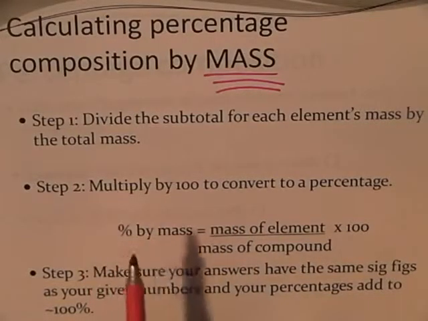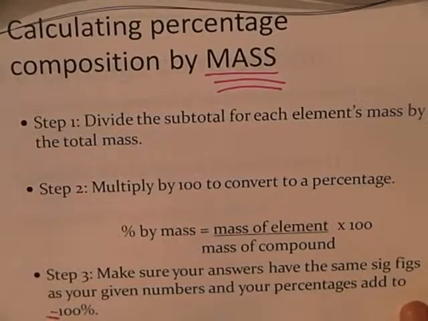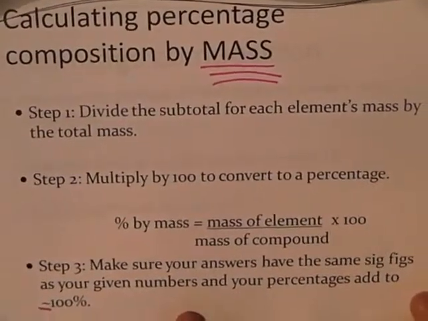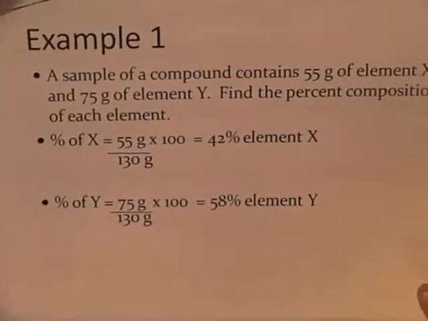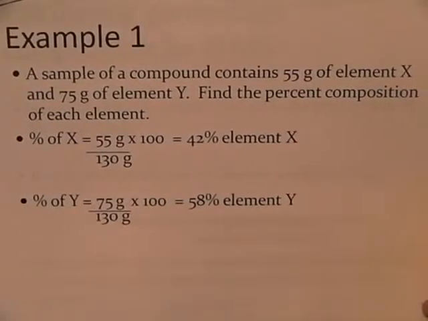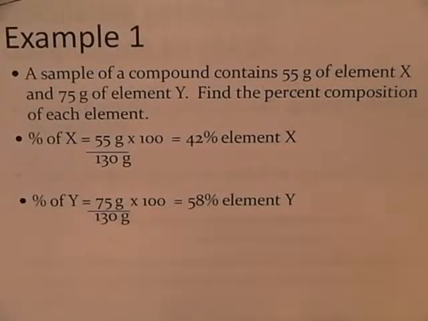The subtotal divided by the total, then multiplied by 100, and then just make sure your significant figures match right after the decimal, and that they add up to close to 100. That's what that little symbol down there means, pretty much 100. They might be off by a little. As long as they're only off by a couple of decimal places, you'll be fine. So let's go through those steps for this example. Okay, so these aren't even real elements, it's just a very generic example.